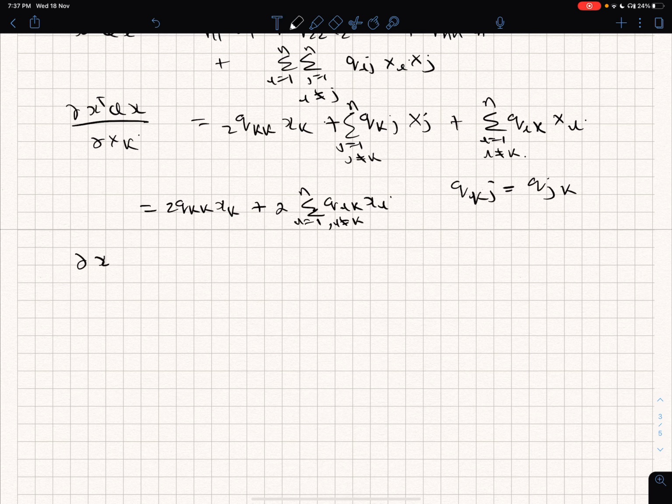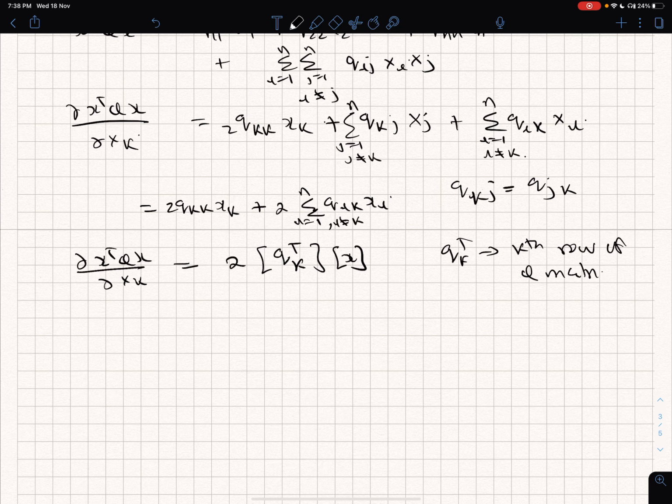Which is saying that the partial derivative of x transpose Qx with respect to xk is basically 2 times the kth row of Q, qk transpose, times the x vector.